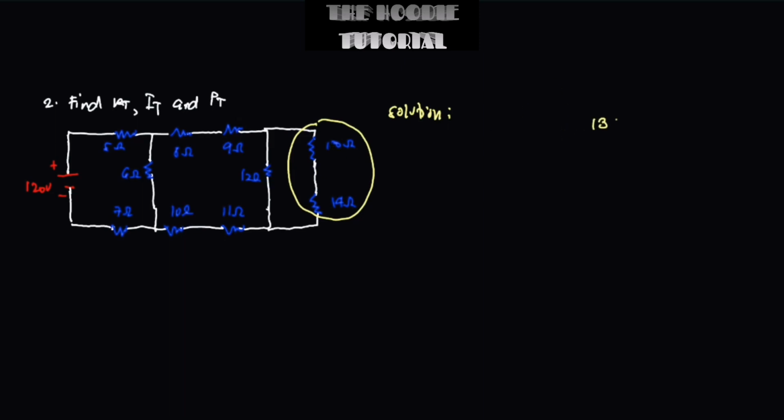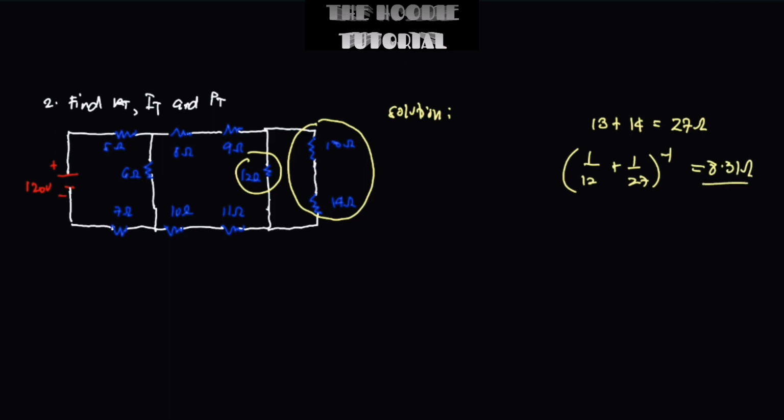That is 13 plus 14, that is equal to 27 ohms, and that 27 ohms will become parallel to this resistor, that will become 1 over 12 plus 1 over 27. Since 12 ohms and 27 ohms are connected in parallel, we can use this formula, and that is equal to 8.31 ohms.